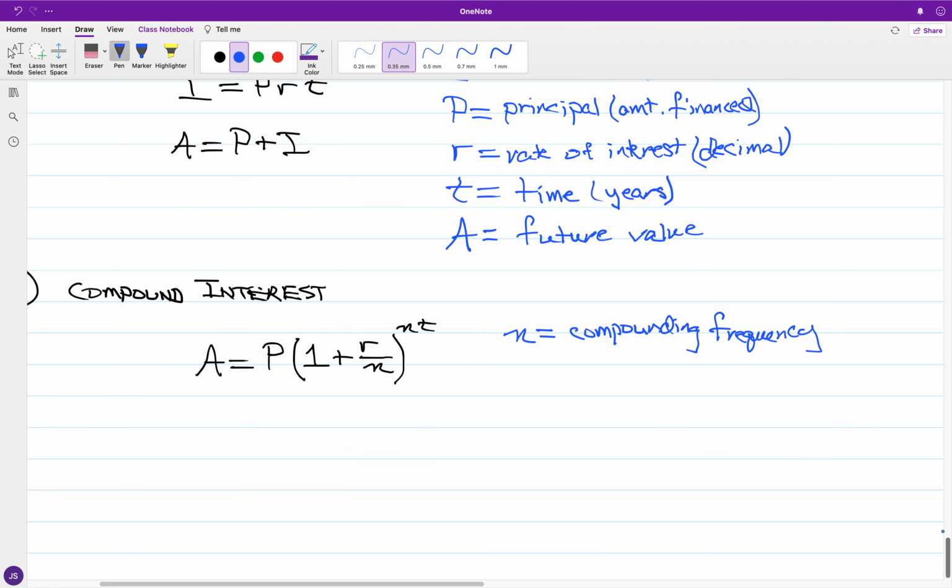What I mean by this is, if you look at it on a yearly basis, you have some descriptive language. If you have annual compounding, that means one time a year, so N is equal to 1. If you have the term semi-annual, that's once every 6 months, or twice a year.